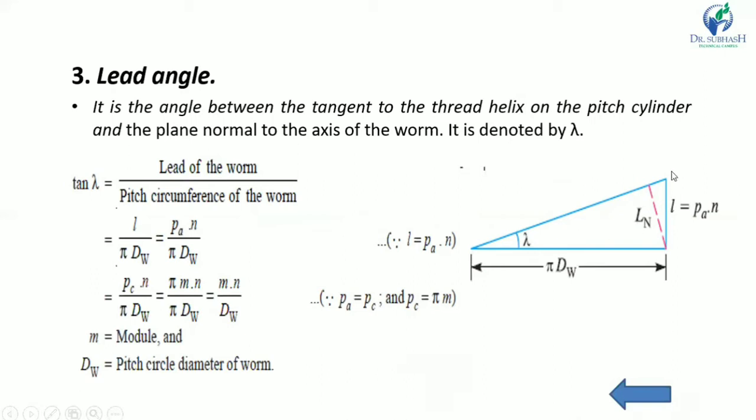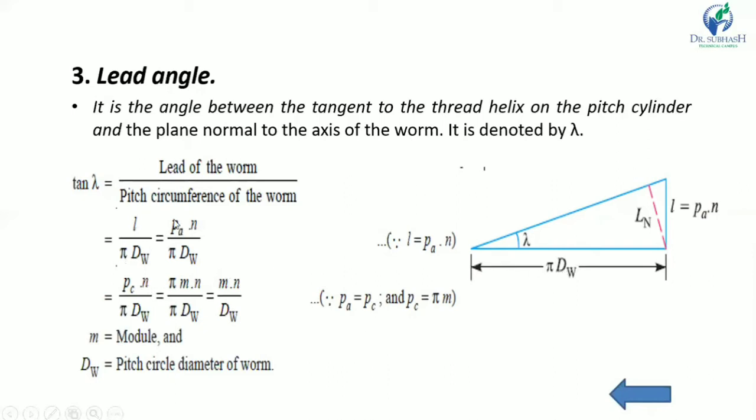Now from this triangle we can say tan lambda is equal to this side divided by this side. This side is L. So tan lambda is the lead of the worm upon the pitch circumference of the worm, which is equal to L upon pi dw, where L is equal to PA into N, and dw is the diameter of the worm.